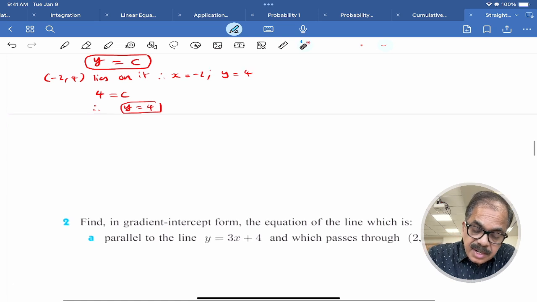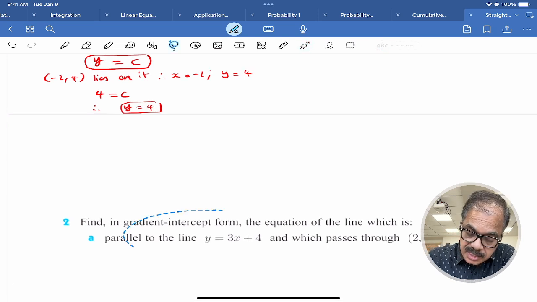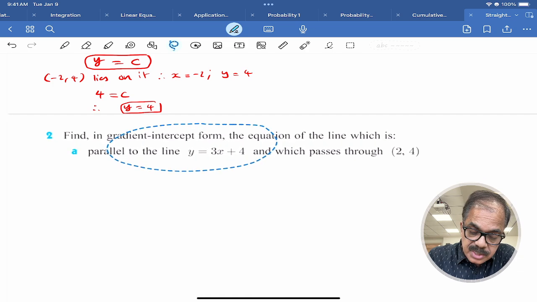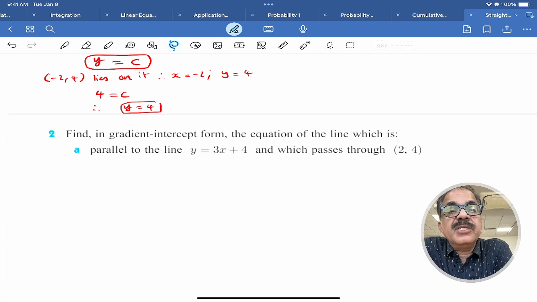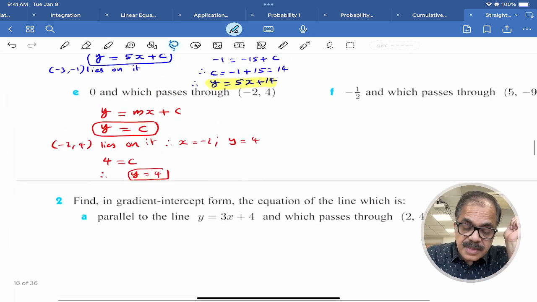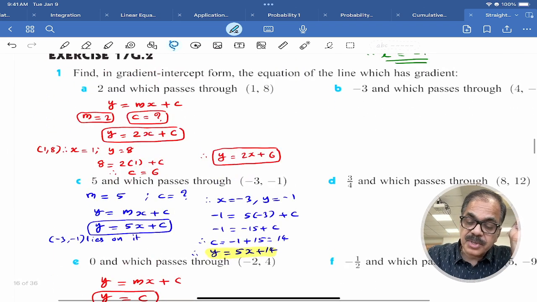We're going to look at another question based on it here. Read this question. It says, find in gradient intercept form the equation of the line which is parallel to the line y is equal to 3x plus 4 and passes through the point (2, 4). So here the change is that they did not give you the gradient. If you look at the previous question, they talk about the gradient.